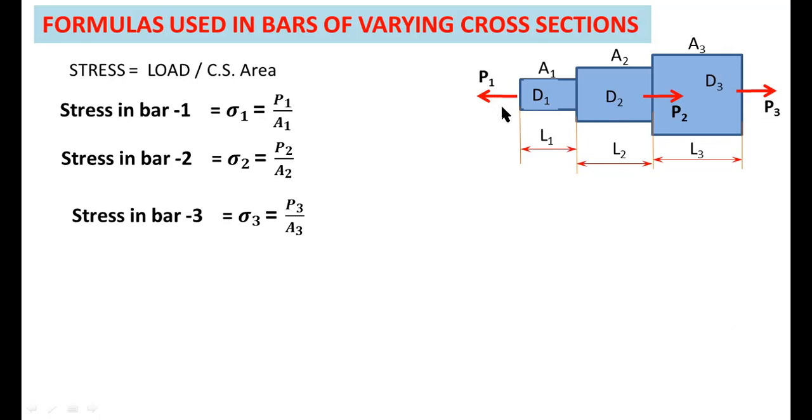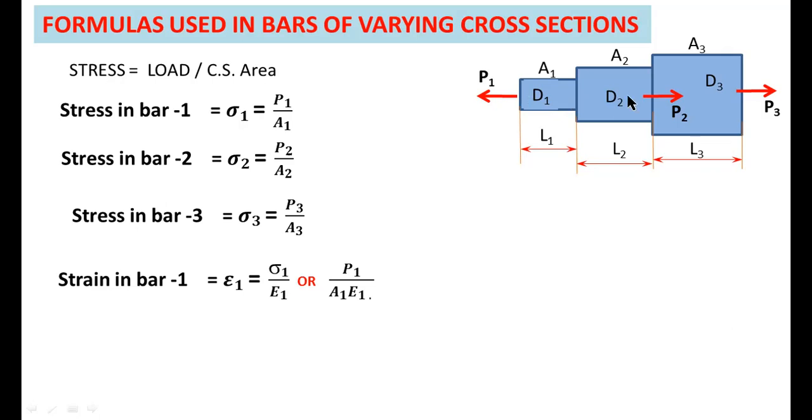P1 is the load acting on bar 1, P2 is the load acting on bar 2, P3 is the load acting on bar 3. So the stress induced in bar 1 equals load acting on bar 1 by cross-sectional area of bar 1. So P1 by A1 is the formula for stress induced in bar 1. L1, L2, L3 are the original lengths.